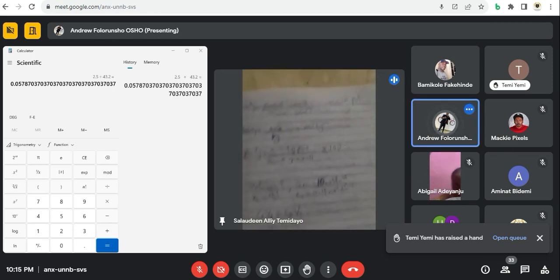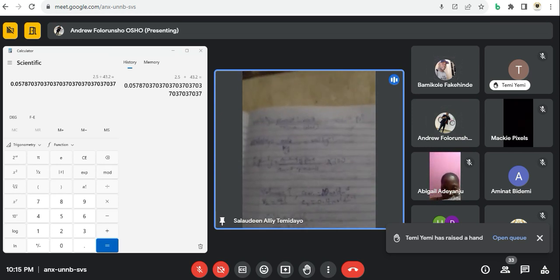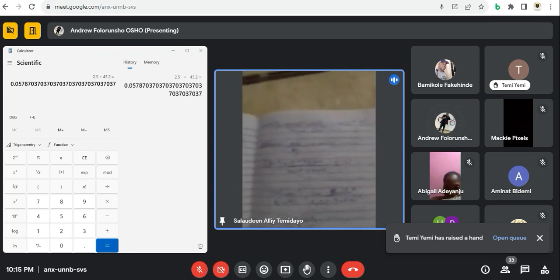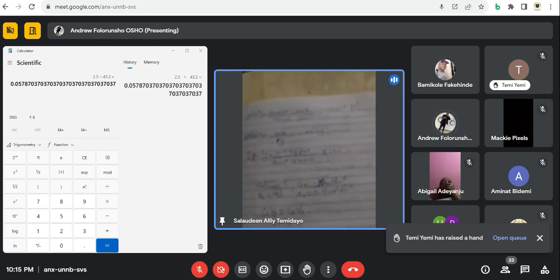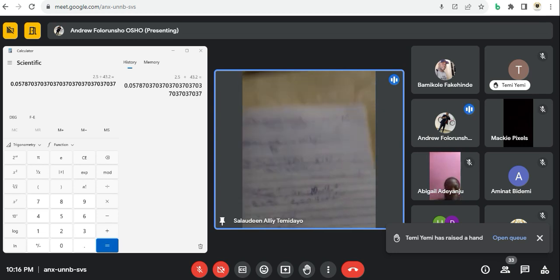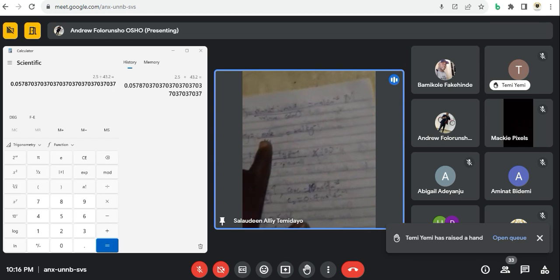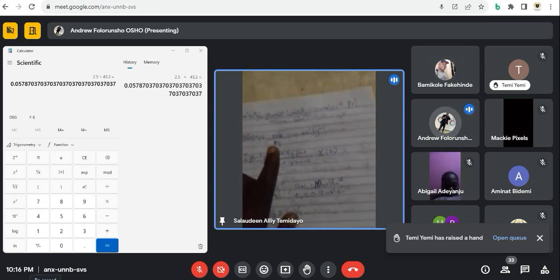As for molarity, anywhere you are calculating molar concentration, you are calculating molarity. The last one is not common; we don't really use it in calculations, that's why it doesn't sound familiar. It is molality, which means mole per kilogram: the number of moles of that substance in 1 kilogram.